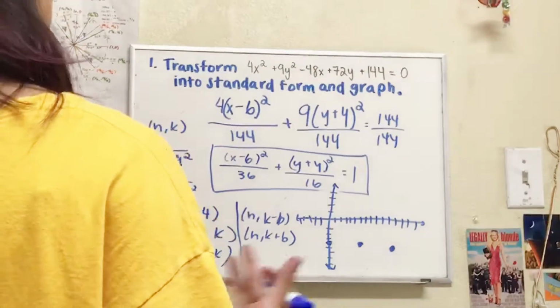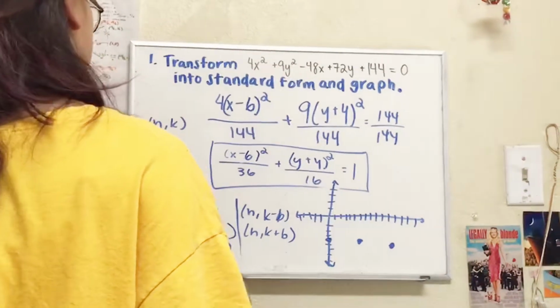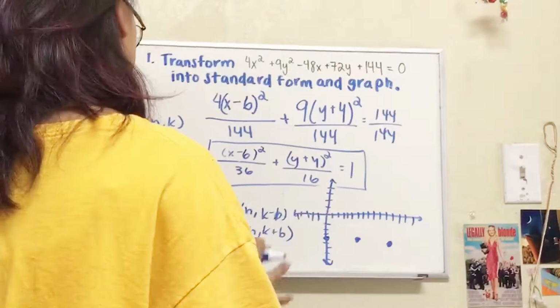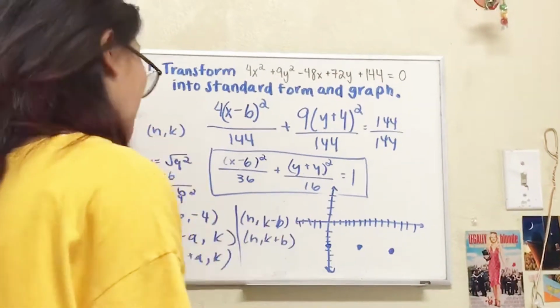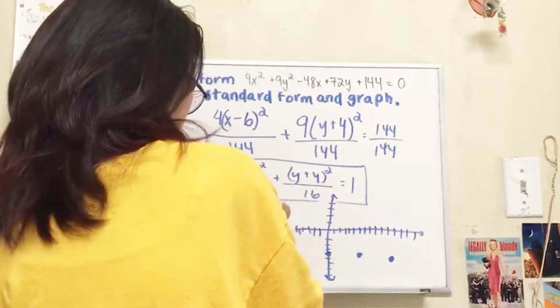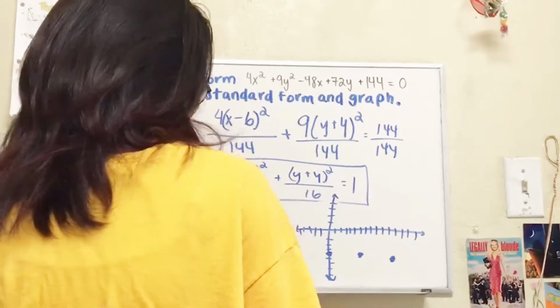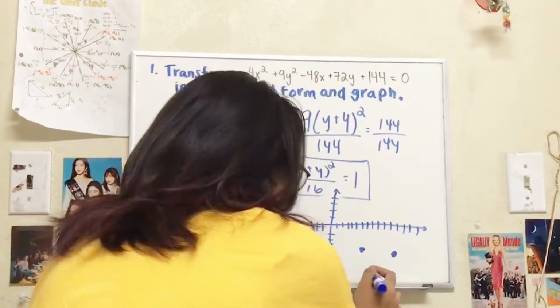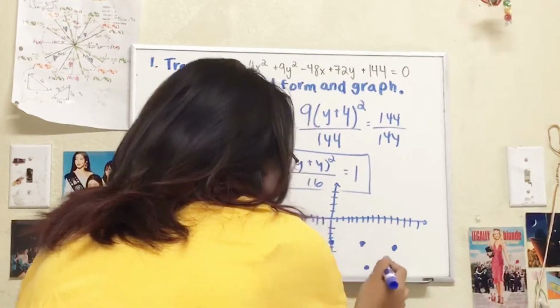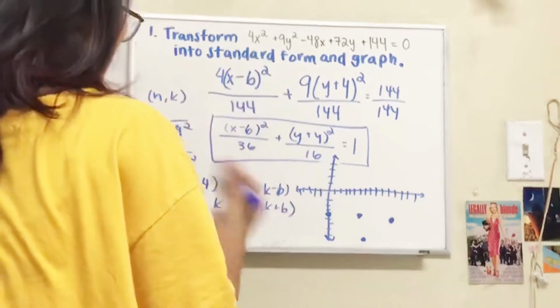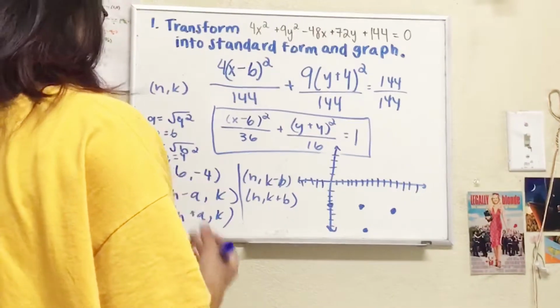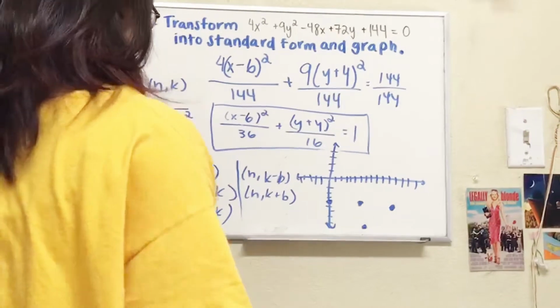So k in this case is -4, minus 4 is -8. So our point will be 6, -8. And then if we add b to k, we will get 0.